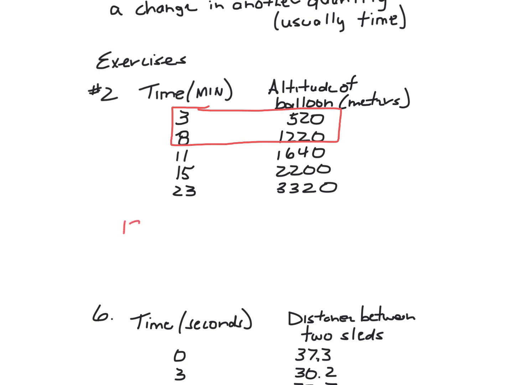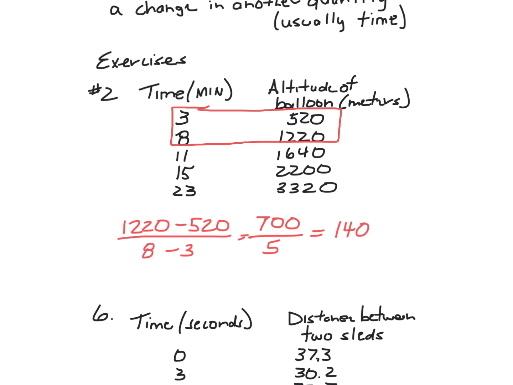So I would take 1220 and subtract 520, which gives us 700, and divide by the change in the time, which is 8 minus 3, or 5. If I take 700 and divide by 5, that goes in there 140 times. So in this example, the rate of change would be 140 meters per minute.